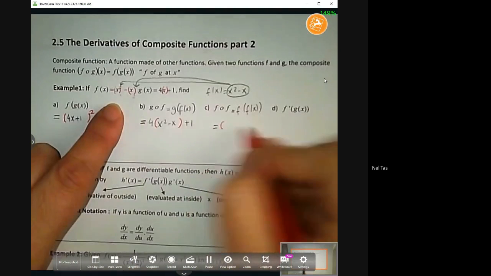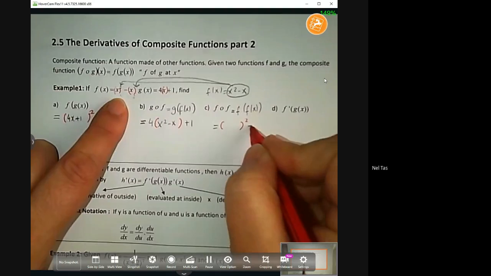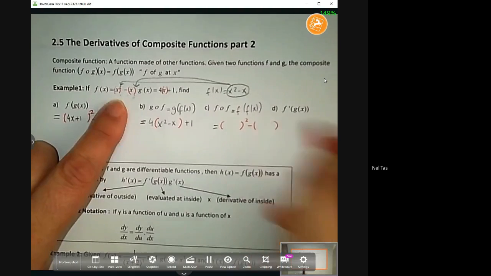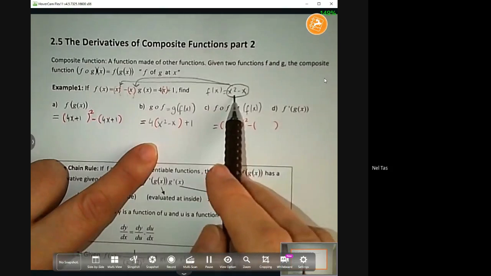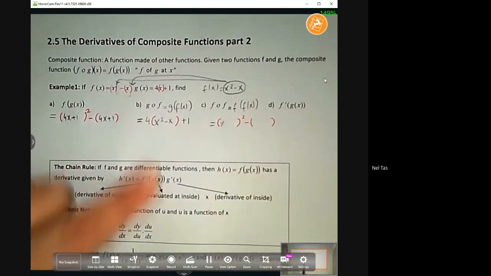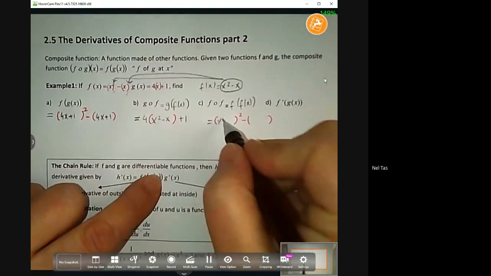So I have the first bracket squared minus the second bracket, and I replace those by x squared minus x.